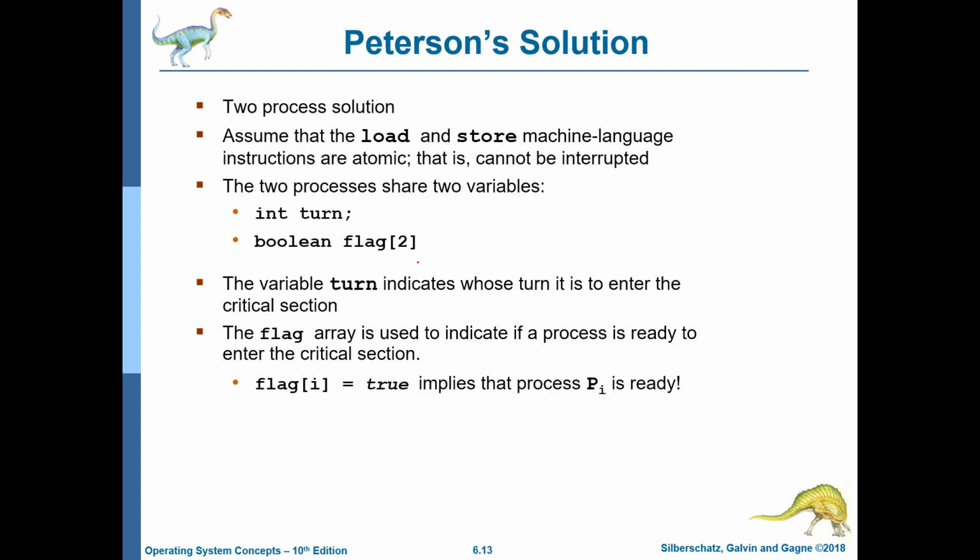Atomic means that they appear to execute instantaneously. Most practical machines are, by the way, not atomic, but the load and store instructions have variants that make them atomic. Furthermore, the processes share two variables, turn and a boolean array called flag.